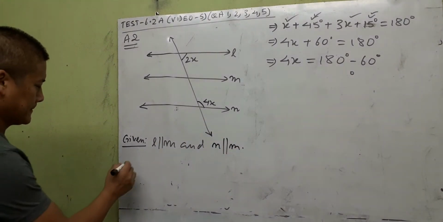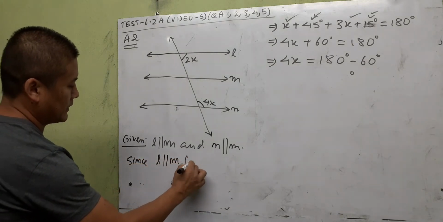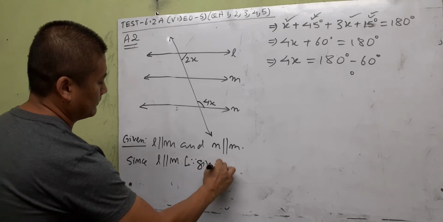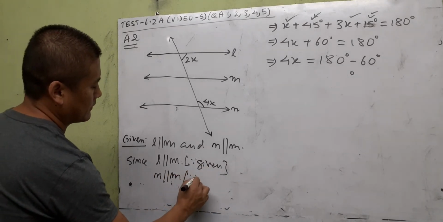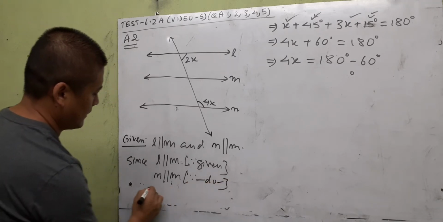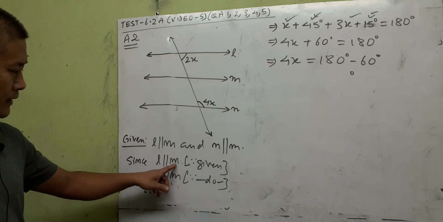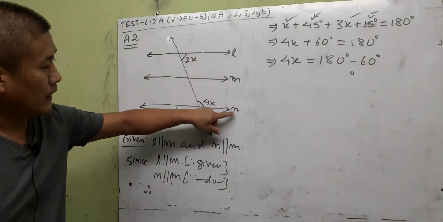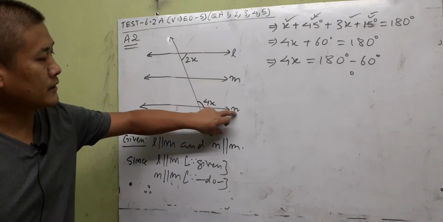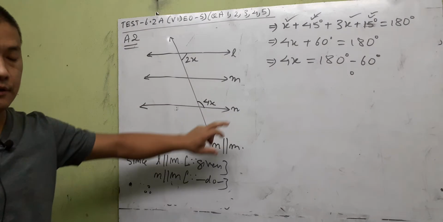So here, since L is parallel to M as it is given, and also N is parallel to M as it is given, therefore, as we discussed last class, if two different lines are parallel to the same line, L parallel to M, N also parallel to M, then they themselves will be parallel to each other.